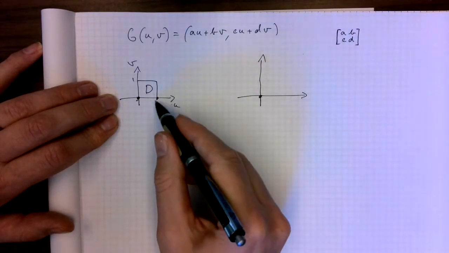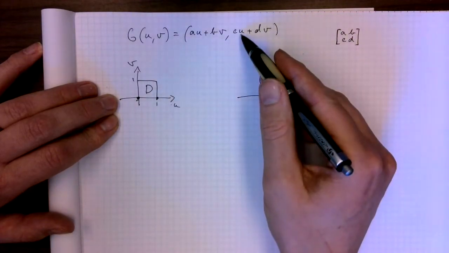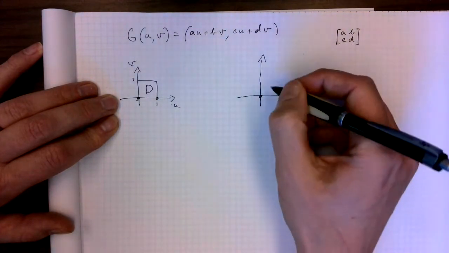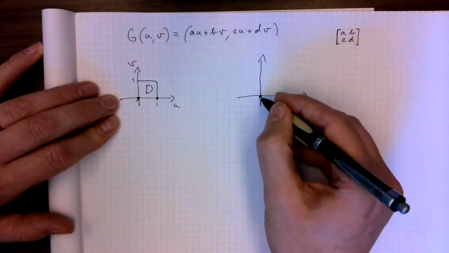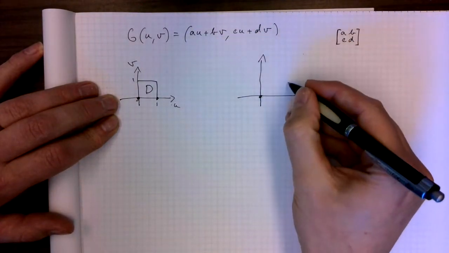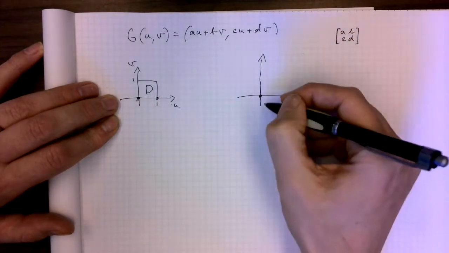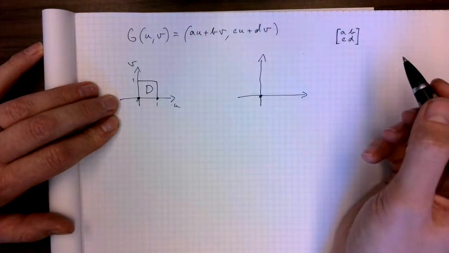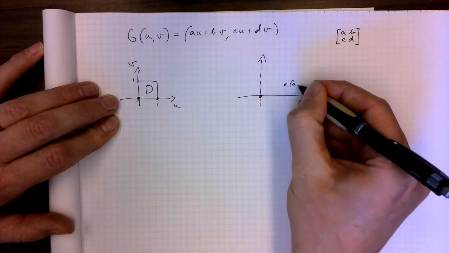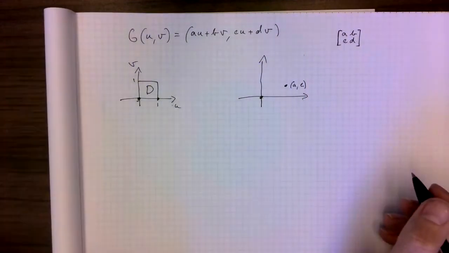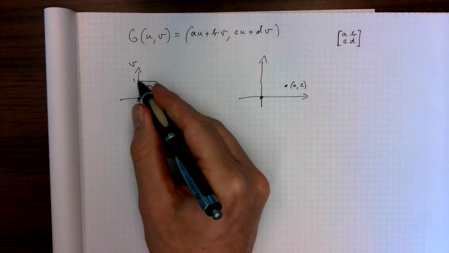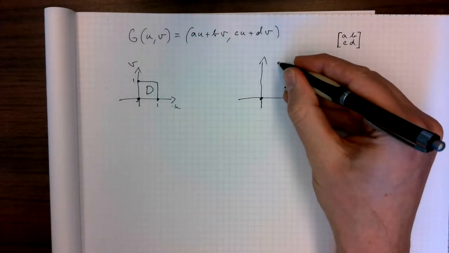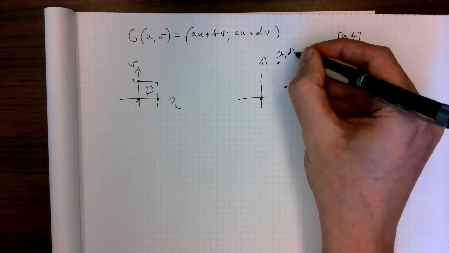What about this point? This is where u is 1, and v is 0, right? Well, that's the point, I'm going to draw sort of a fake one, right? I don't know what A, B, C, and D are, so I can't really draw exactly what it is, but this is going to be the point (A, C), right? So maybe it's over here, (A, C). Now, this point over here goes to the point (B, D), so maybe that point is over here, (B, D).